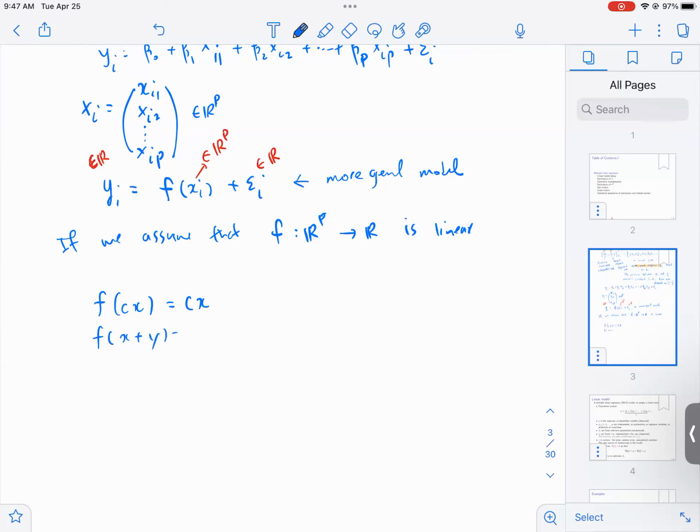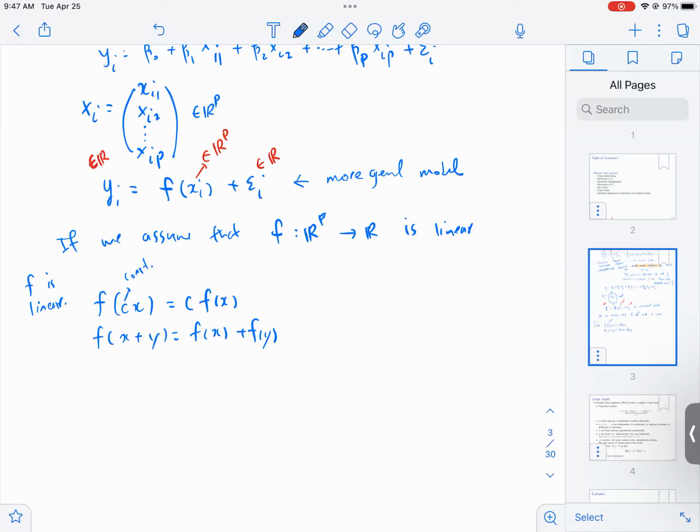Yes. Okay, good. This is the definition. So f is linear, it commutes with linear operations. If I multiply a vector by c, it comes out: not c of x, just c times f of x. And if I add two inputs, f would be the sum of the two.